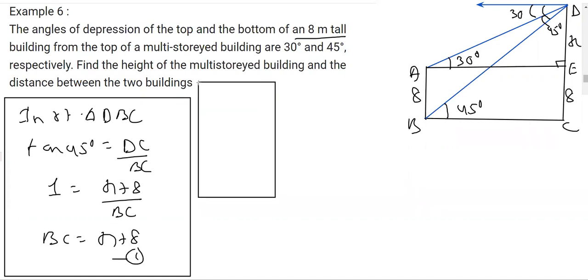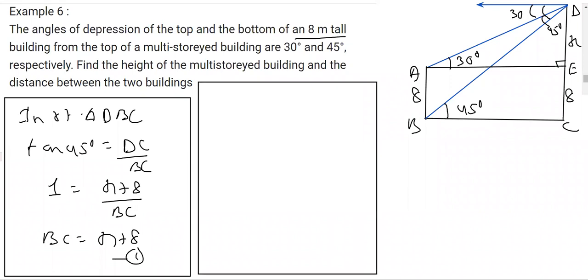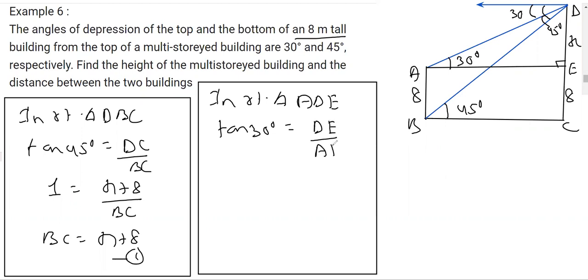Now we'll take the next right angle triangle, as you can see from the figure, right triangle ADE, and we'll apply tan 30 degrees. Tan 30 is perpendicular DE over AE. Tan 30 is 1 by root 3.